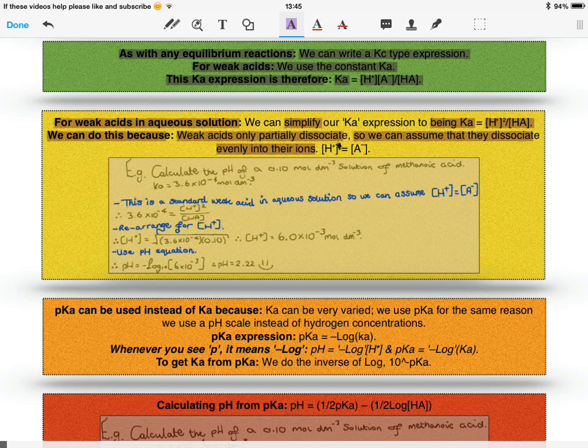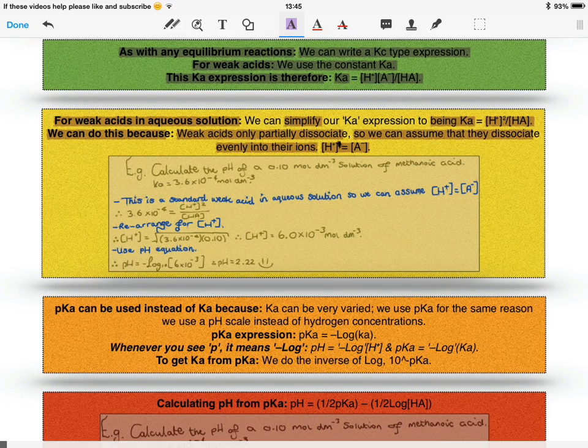[H+] will equal [A-] in that instance. This is similar to the principle we applied for deriving the Kw equation for the water dissociation, because that's also weakly dissociated, and we can assume that [H+] equals [OH-]. So it's the same principle there.